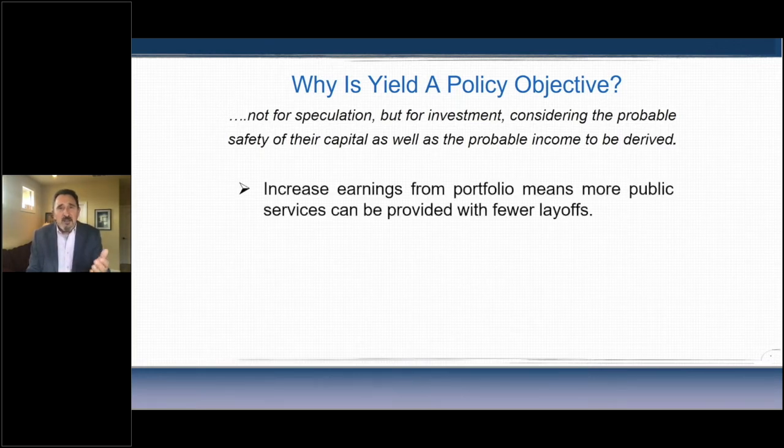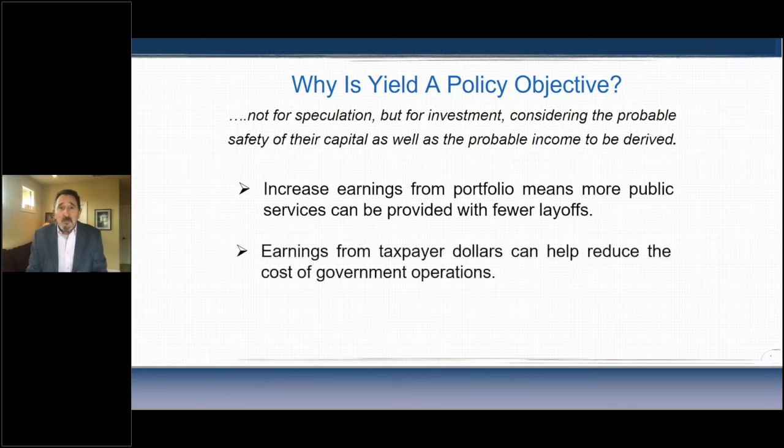Well, I think they're trying to capture the following. Increased earnings from the taxpayer dollars in a portfolio means more public services and fewer layoffs. If you go back to the Great Recession, income can provide what's necessary to not lay people off. It can provide for additional services. It can pay for the very government that it's paying taxes to, the salaries, et cetera.